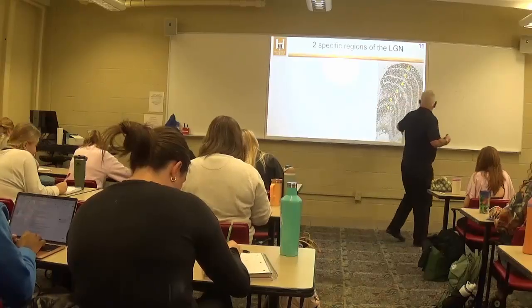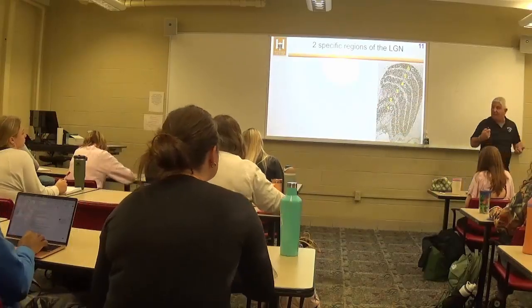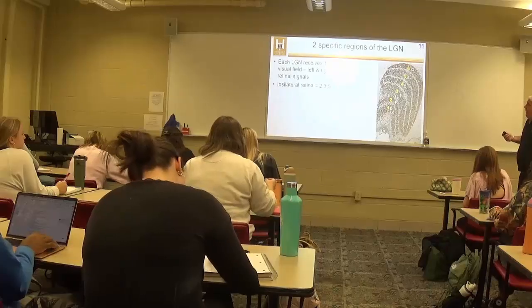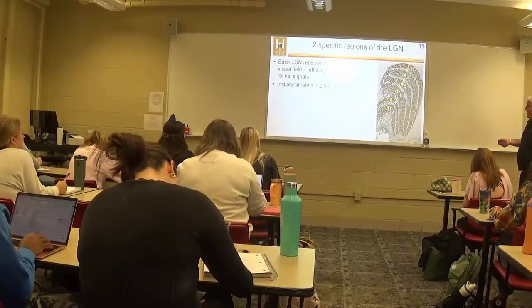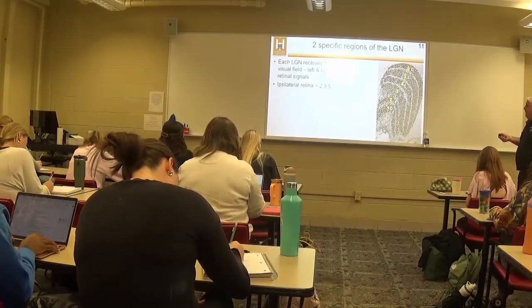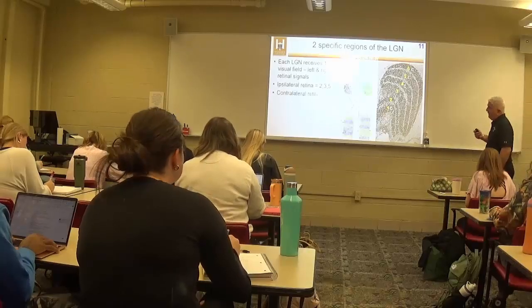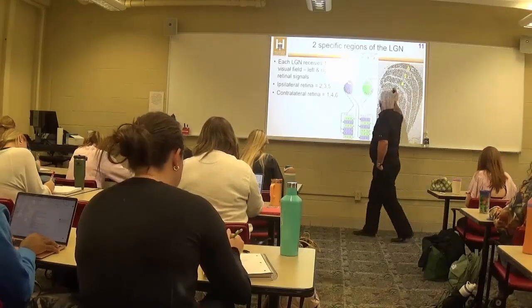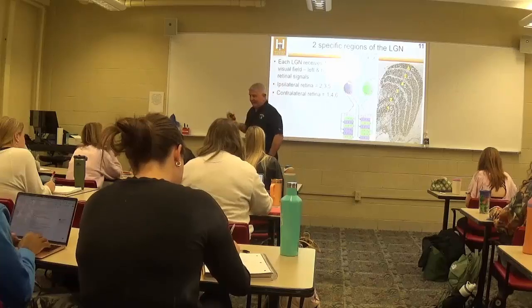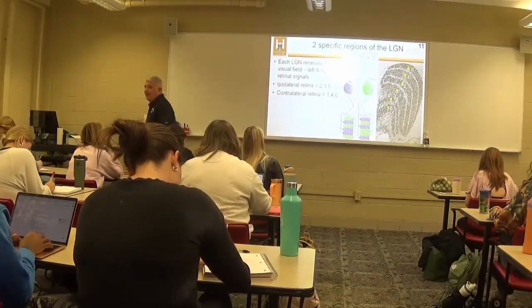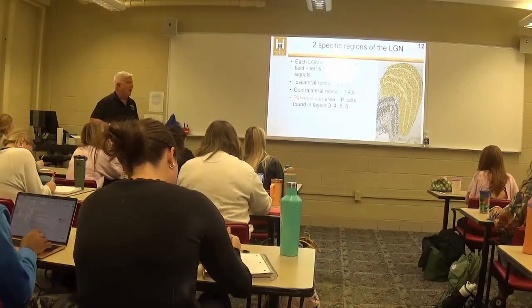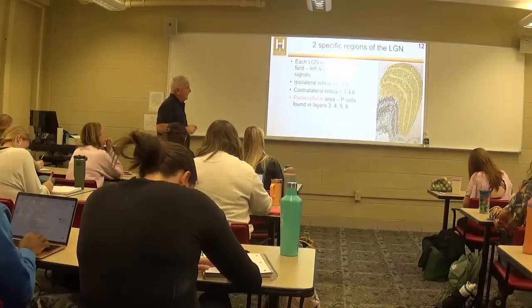There are 6 layers of the LGN. The ipsilateral is in layers 2, 3, and 5, and the contralateral is 1, 4, and 6. Again, I didn't design this stuff. But 1 and 2 are fundamentally different from 3, 4, 5, and 6.